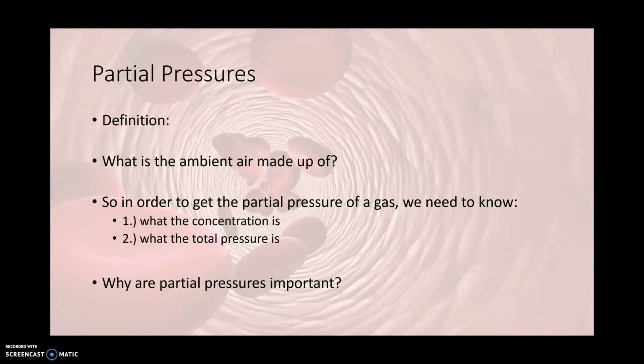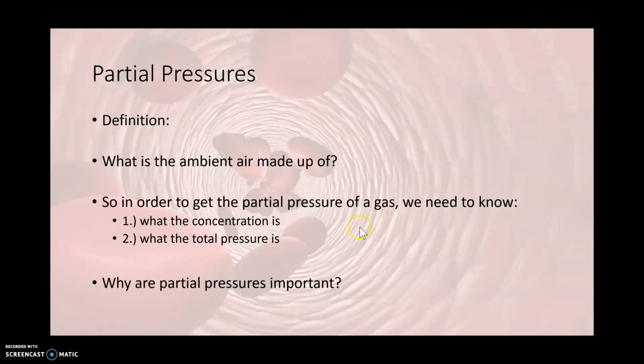If we take carbon dioxide, we take 0.03% and move the decimal over, and that's a very low number, a little over 2 millimeters of mercury. And then oxygen would be 0.2093 times 760, which gives you about 159, close to the 160 mark.